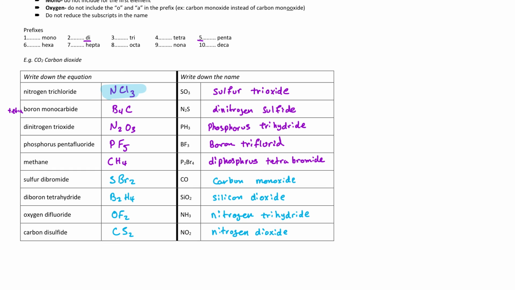So nitrogen, if I were to draw its Lewis dot diagram, it's in group 5, so it will have 1, 2, 3, 4, 5 valence electrons. And chlorine has 1, 2, 3, 4, 5, 6, 7, and there's 3 of them.